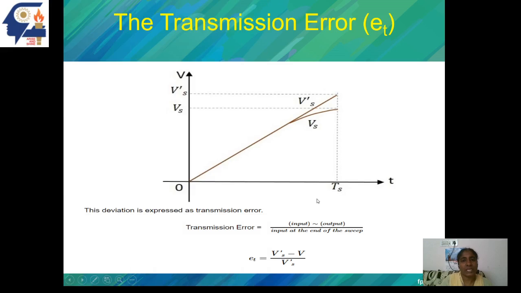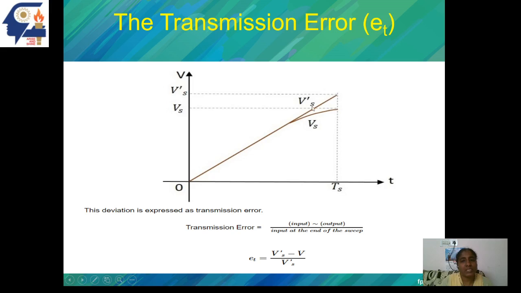Coming to transmission error, we try to send a linear ramp type waveform, but during transmission it gets slightly distorted. So this is the linear waveform we are trying to send, and during transmission it is slightly getting distorted. This is the transmitted waveform, the output waveform.